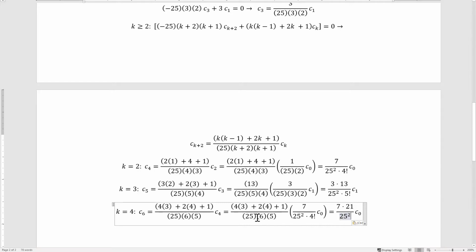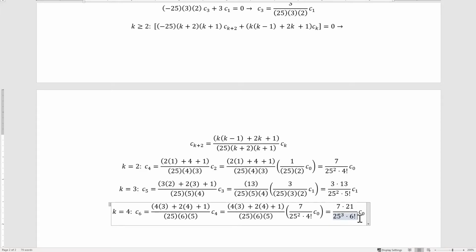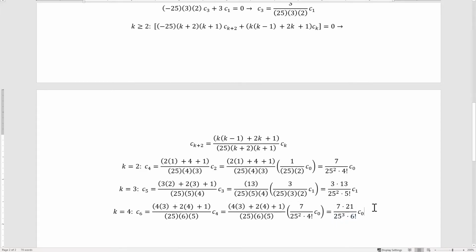And there's one other 25 here that we're multiplying, so that's 25 to the 3rd power. And then we have 4 factorial and 6 and 5. So 6 times 5 times 4 times 3 times 2 times 1. So that's essentially 6 factorial. And then here's our expression for C sub 6. Okay, let's do one more.